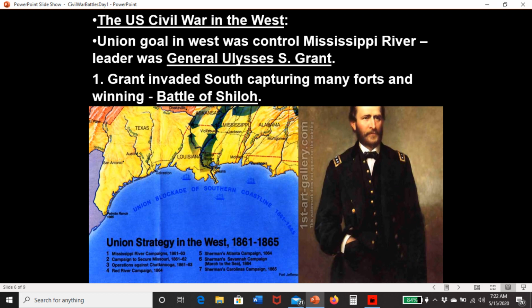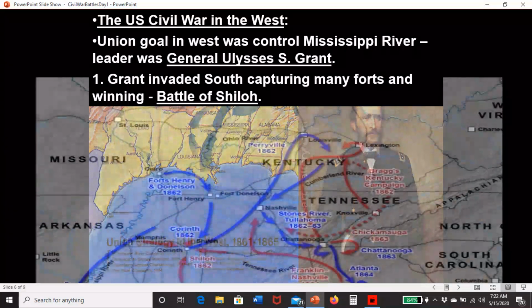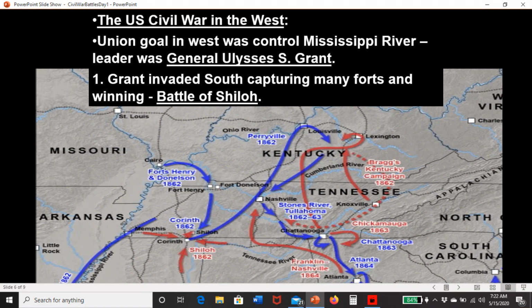By the end of the 2 days of fighting, the Union had suffered 13,000 casualties, including 1,700 dead. The Confederates suffered 10,000 casualties and 1,700 dead as well. So shortly after we take Shiloh, which is one of the major victories here in the Mississippi Valley, we continue our march down south to eventually take over other important cities along the Mississippi River.